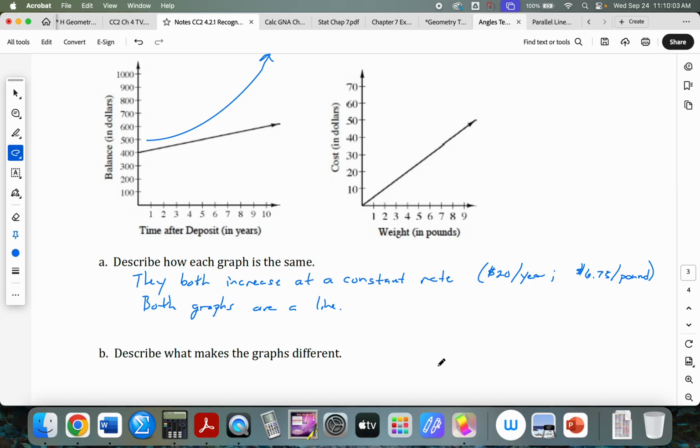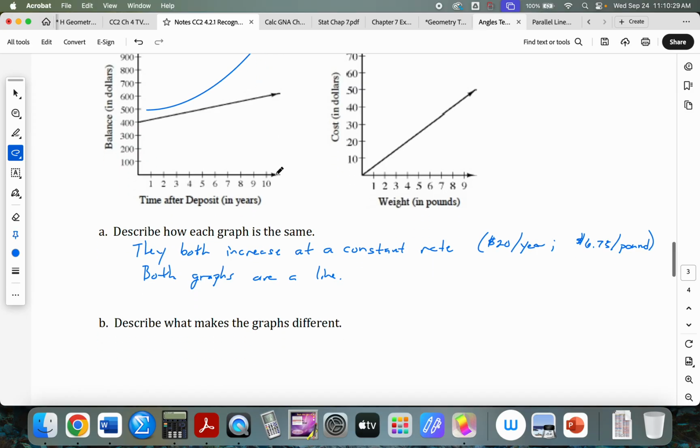Yes, ma'am. Say it again, I'm sorry. Whose is this one? The left one? The left one is Gustavo's. Okay. His starts higher and doesn't start at 0. Exactly right.